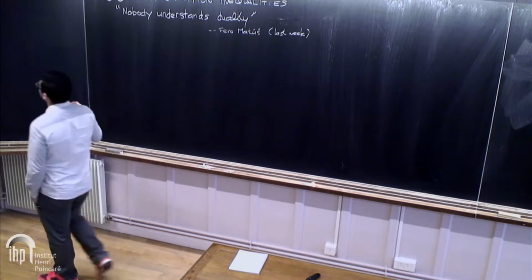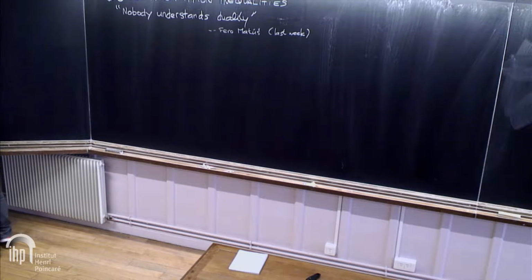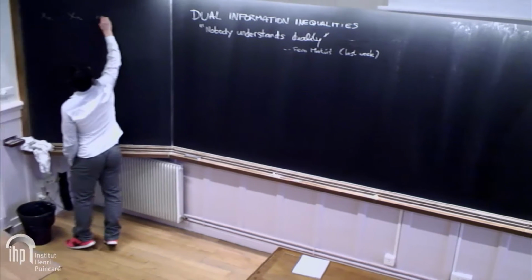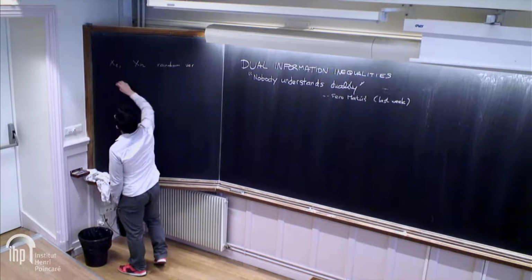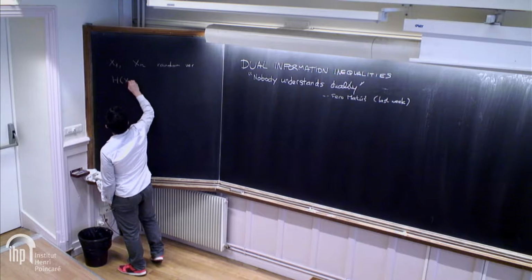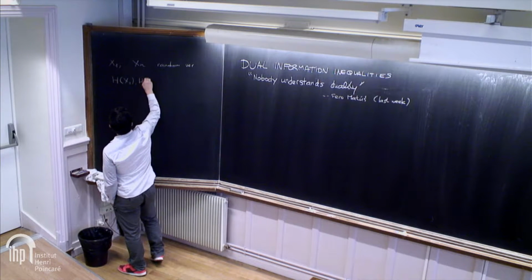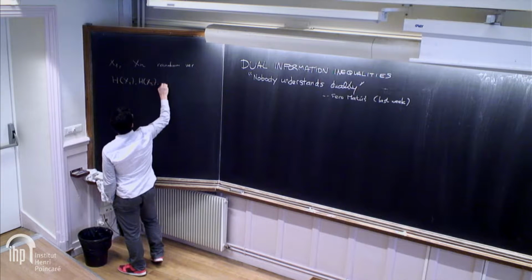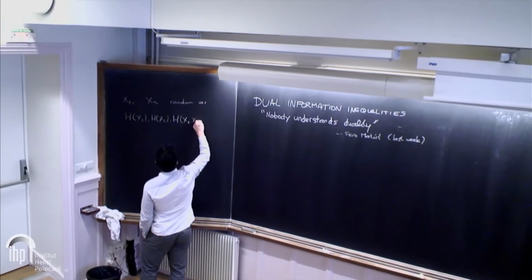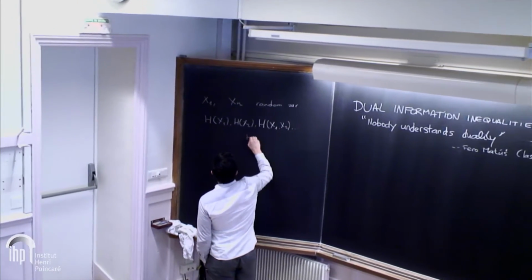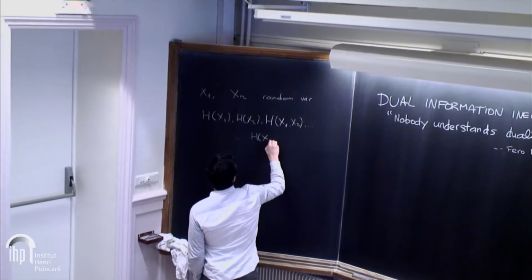Just to make things clear, if we have X1 to Xn that are random variables, then we want to study all the possible entropies and joint entropies: the entropy of X1, the entropy of X1 and X2 jointly, and so on until the entropy of the whole tuple.